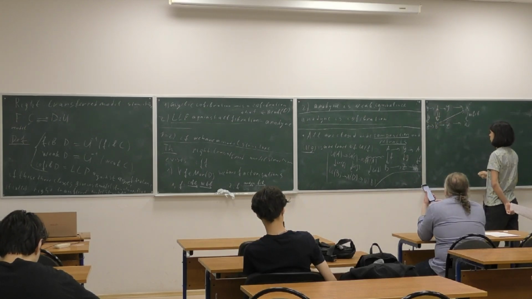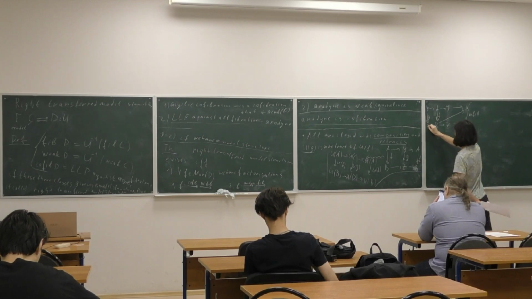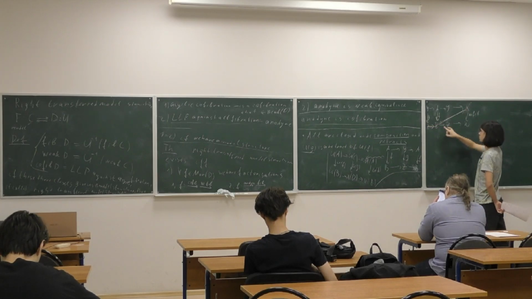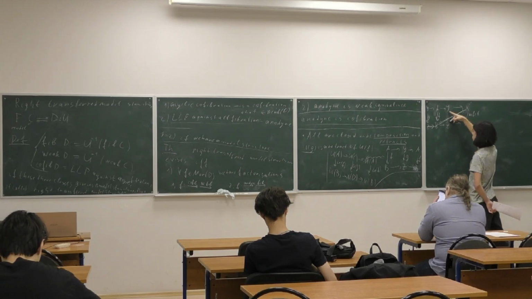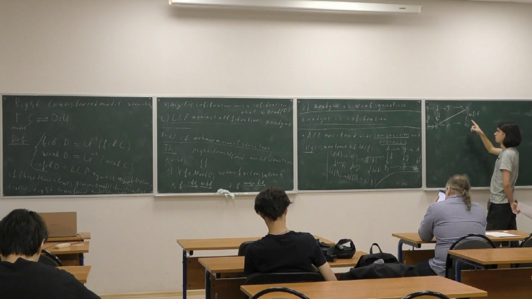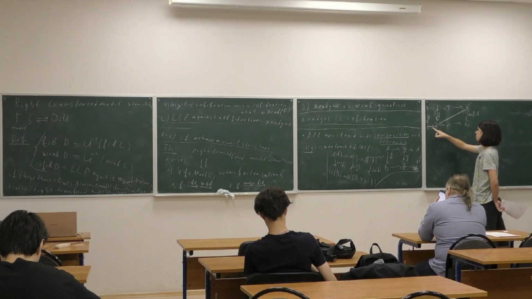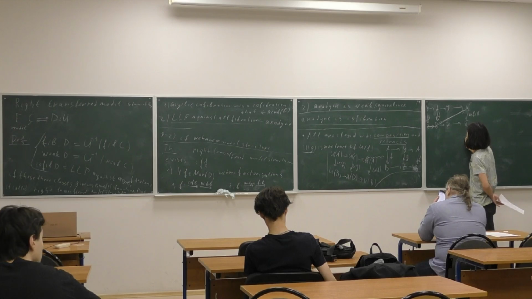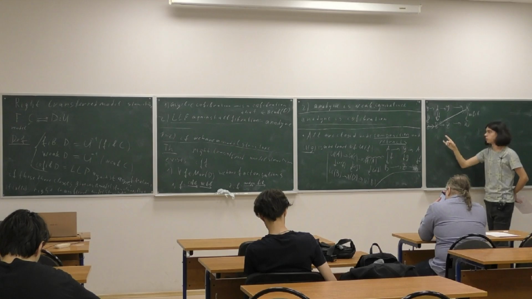And I state that this composition is a lifting of map G in this diagram, because it is a retract, so we know that the composition is the identity.